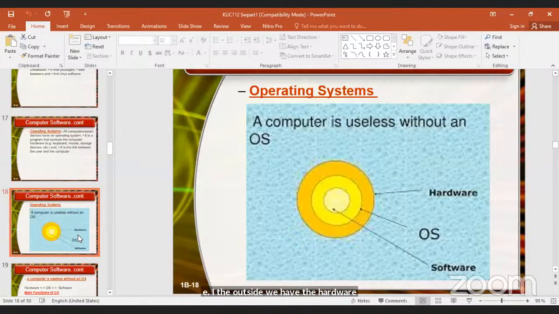Then between the hardware and the software, we have the operating system. So this image even shows that we cannot install software on a computer without an operating system. So it means that operating systems are a very fundamental building block of a computer system, right?